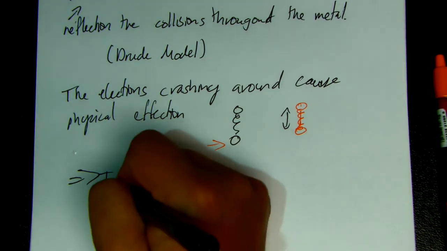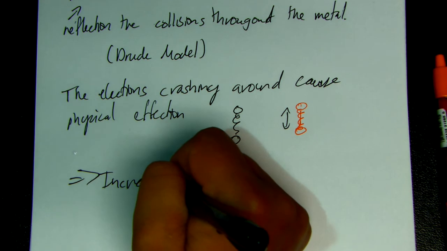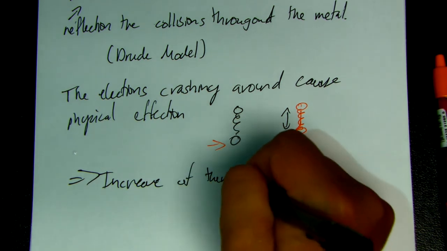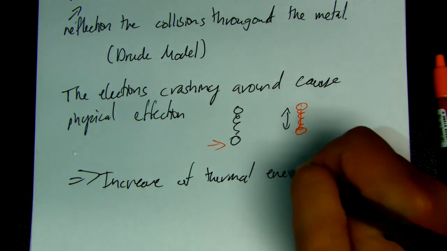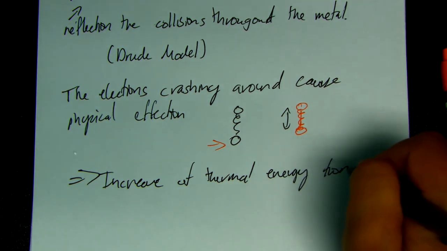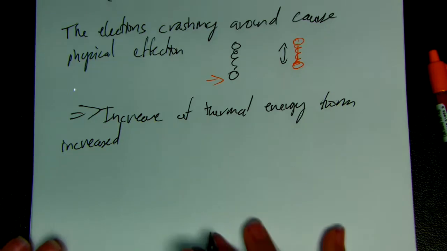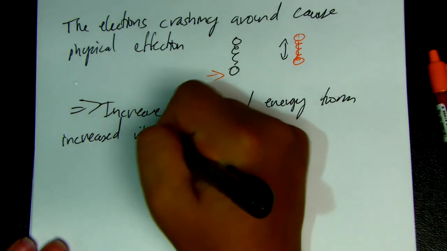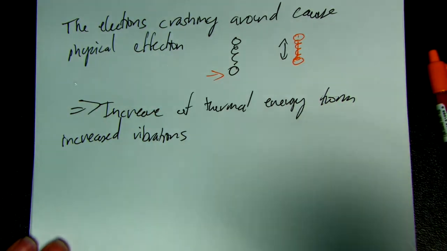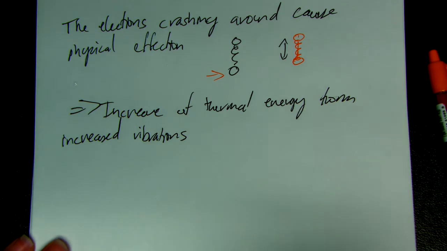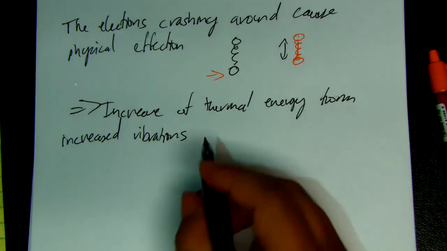So we get an increase of thermal energy from increased vibrations. So if you've ever noticed that wires get hot, that's you actually feeling the effects of the electrons bopping around inside of the wire, causing the atoms to vibrate.